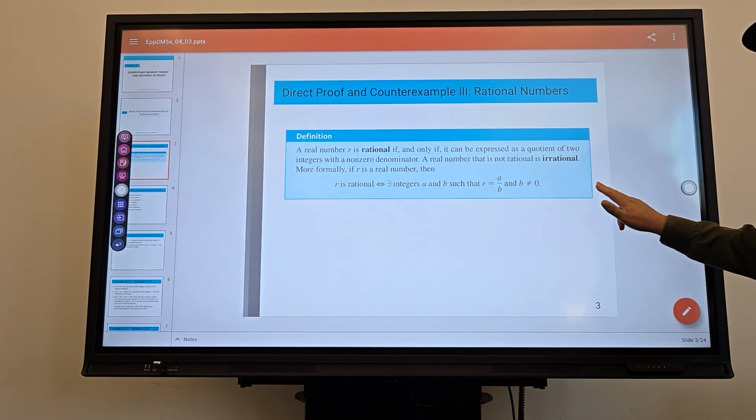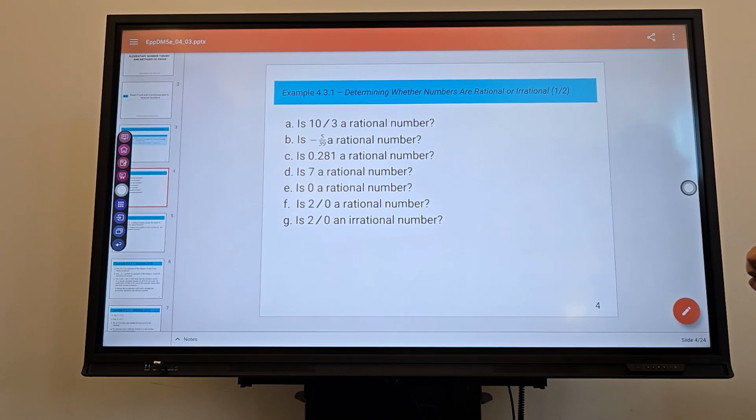So, is 10 over 3 rational? Yeah. Is 5 over 39 rational? Two integers, so yeah.